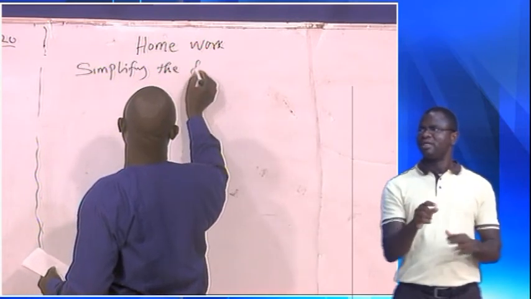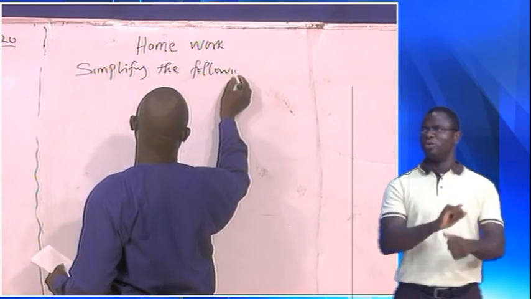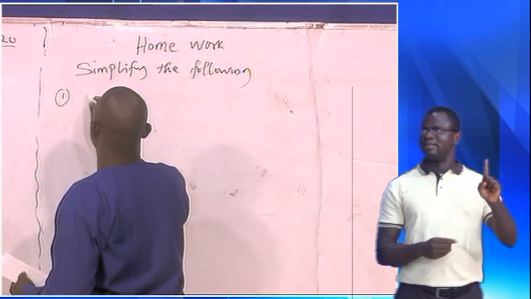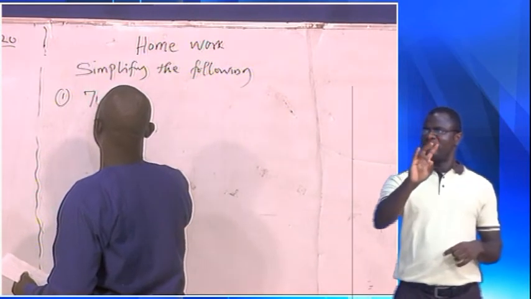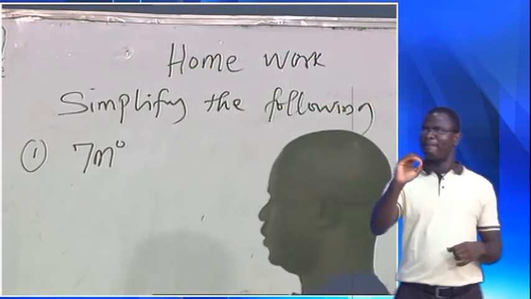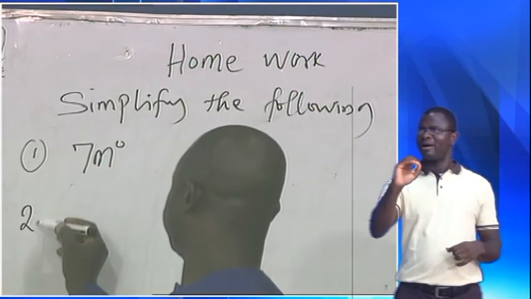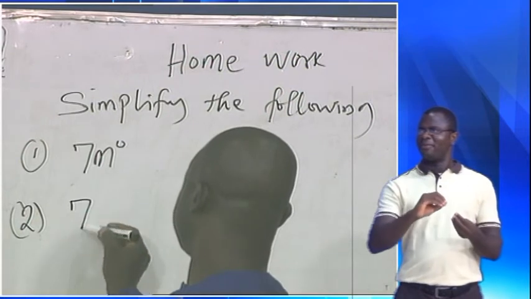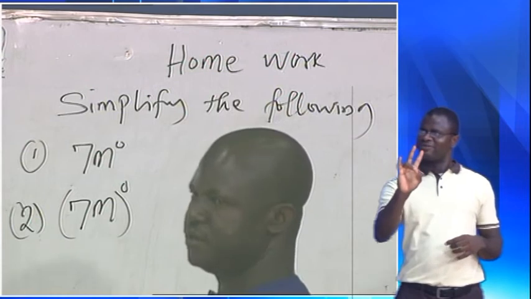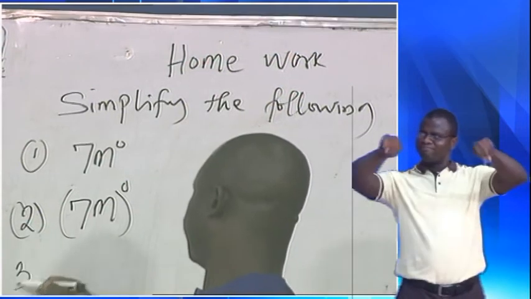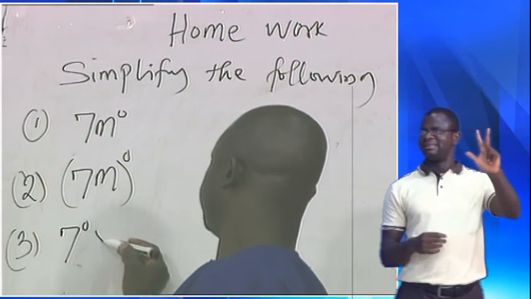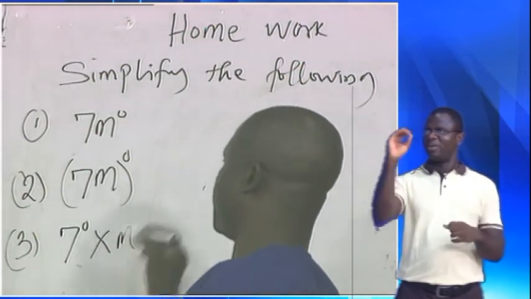Simplify the following. Number 1 says 7m raised to power 0. Number 2 says 7m, everything raised to power 0. Number 3 says 7 raised to power 0 multiplied by m.